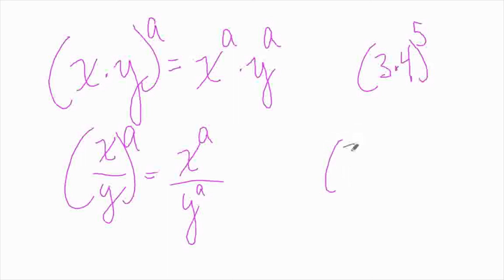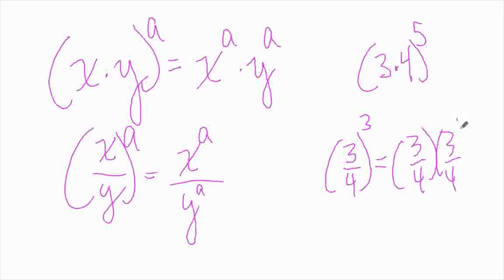Think about if I had 3/4 to the, let's say the 3, so that would mean that you have 3/4 multiplied together. So then ask yourself how many 3s you have on top and bottom, and you'll see that it's the same. Okay, and that'll explain that one.